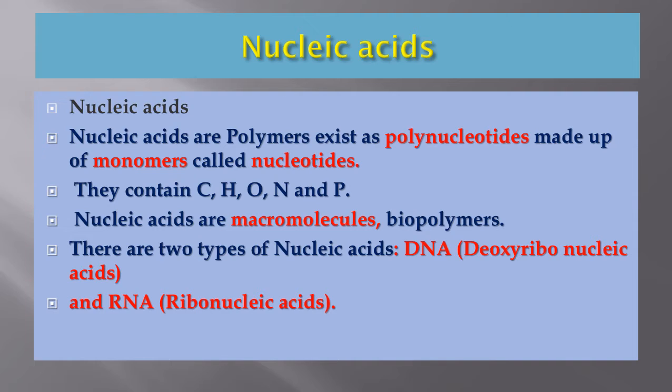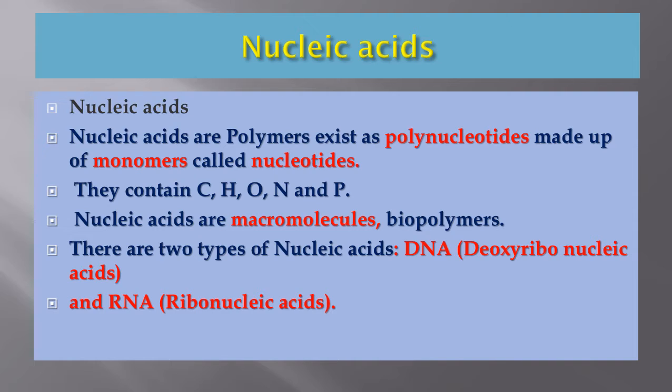Now they also contain carbon, hydrogen, oxygen, nitrogen and phosphorus. Another thing is that they are macromolecules. Okay, since they are polymers, they are macromolecules and we call them biopolymers. Now there are two types of nucleic acids, the DNA or deoxyribonucleic acid and RNA or ribonucleic acid.